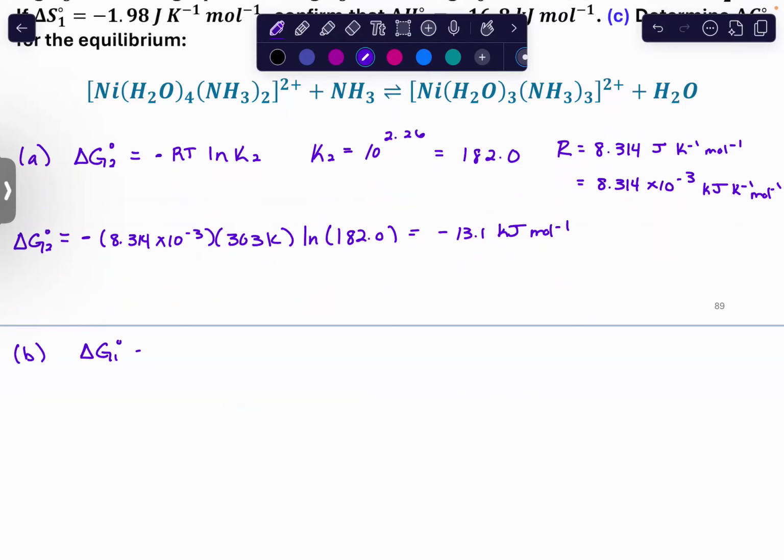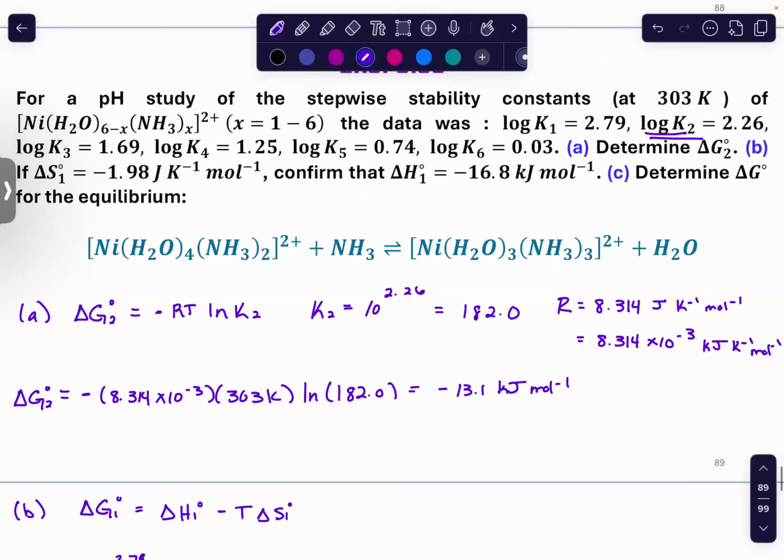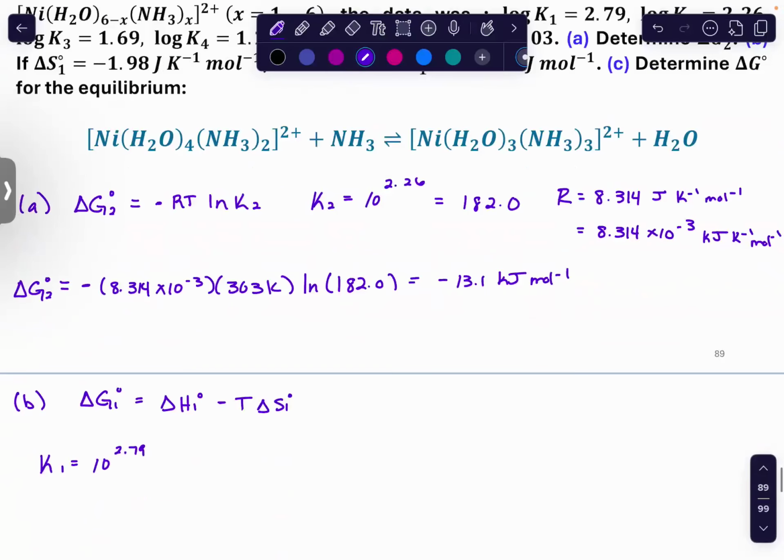If you remember after that, we had this one: delta H minus T delta S. So again, our K1, because we see our log of K1 is 2.79.